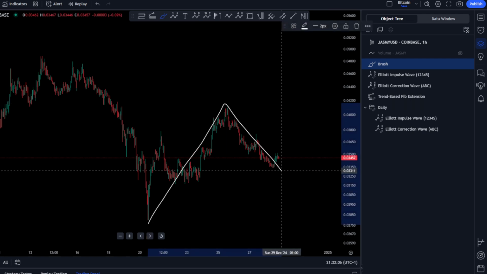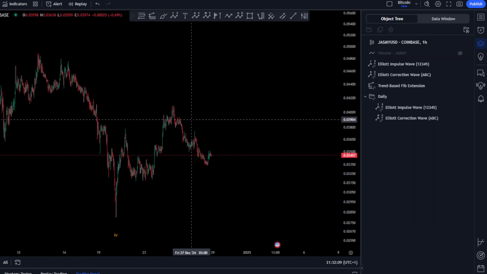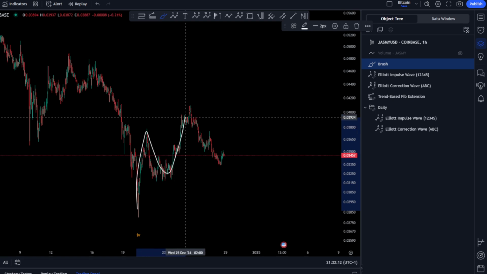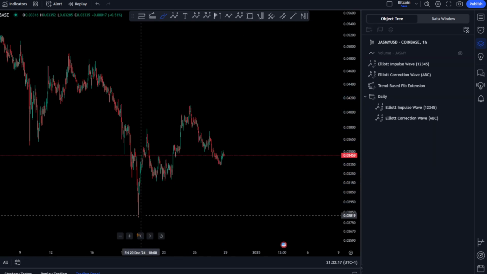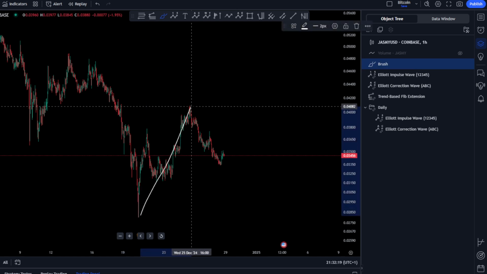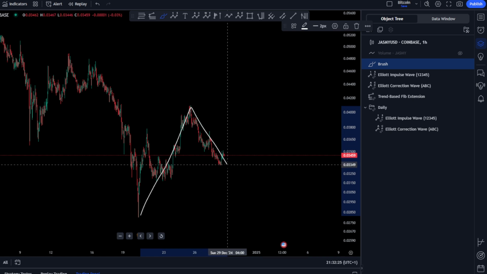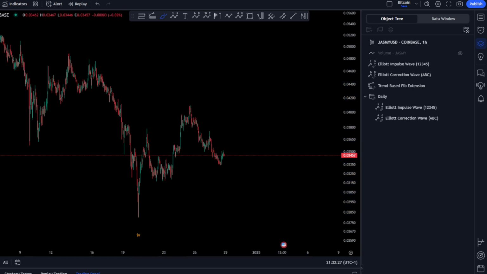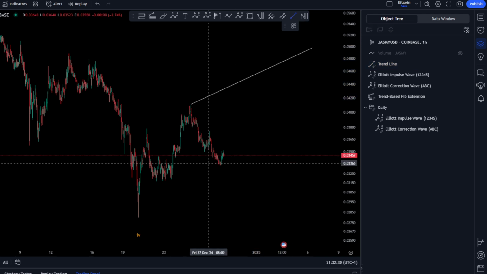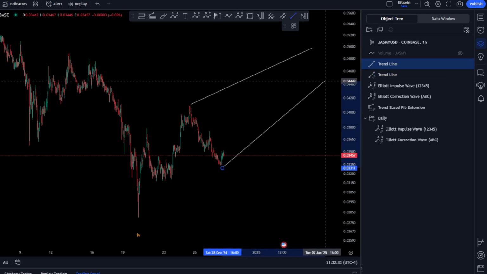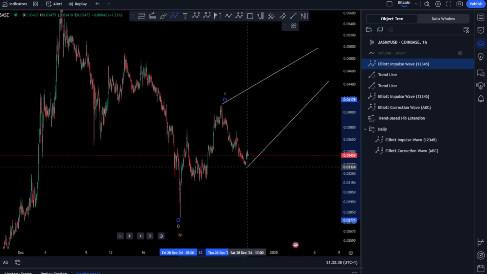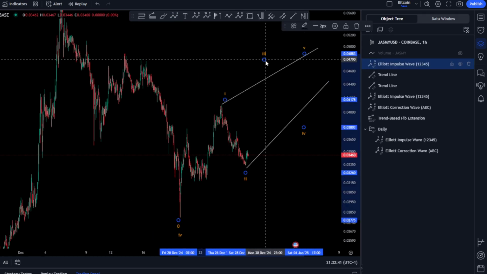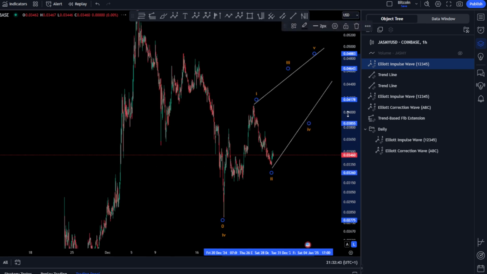It might be a 1, 2, 3, 4, 5 as contracting diagonal, because when you have a zigzag here for a wave 1, and if you are looking for a wave 5 towards the upside, the only possible scenario is to have, of course, a wave as a zigzag, a diagonal as wave 1, moving towards the upside. So let's put this basically from here. If this is your wave 2, then probably we are looking here at 1, 2, 3, 4, and a 5, probably getting a leading diagonal for your wave 5.